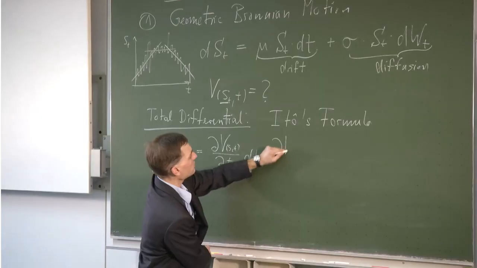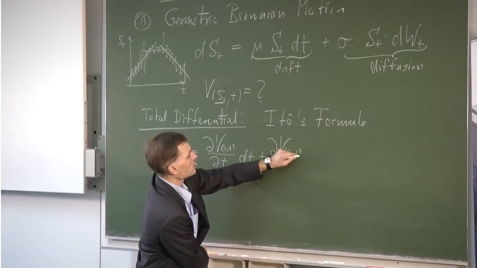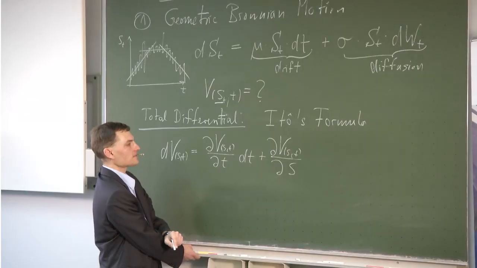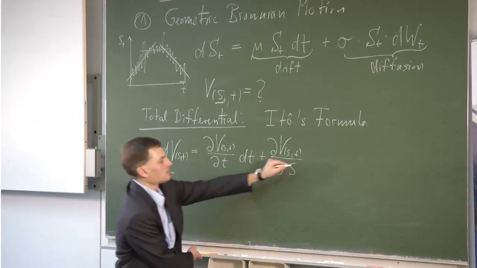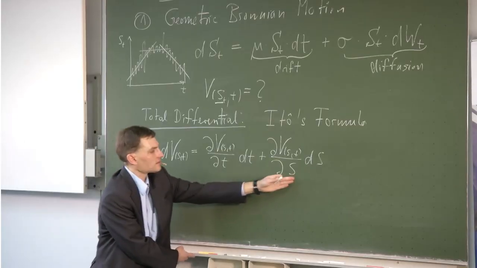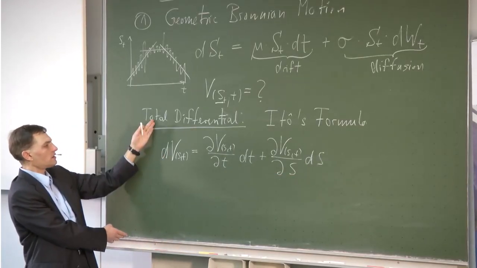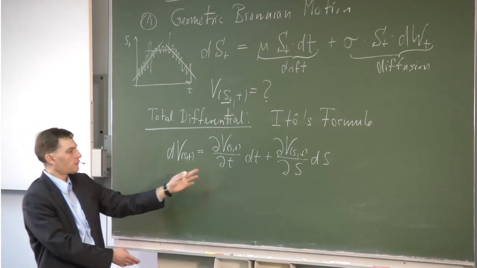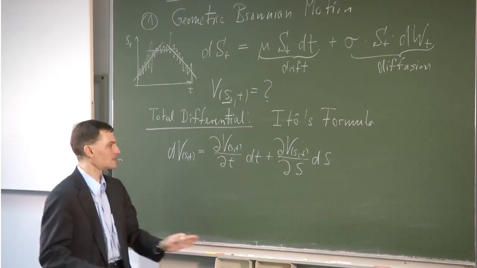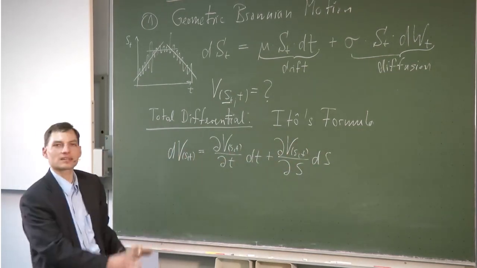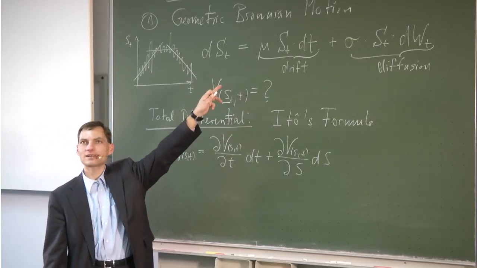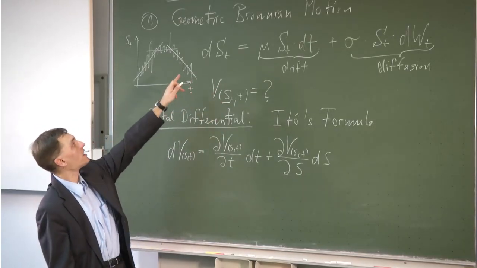It's a partial derivative of my function in respect of s, the stock price, times ds. This is now the total differential of a function if t and s are deterministic variables. If they are not stochastic, you would stop here and would say, well, that's it. But, as I said, S is stochastic, and it behaves according to equation 1.